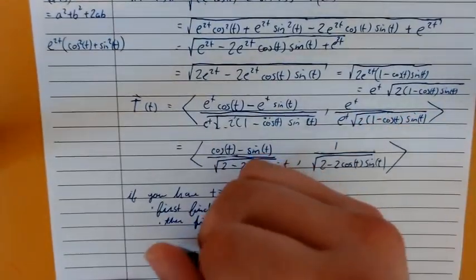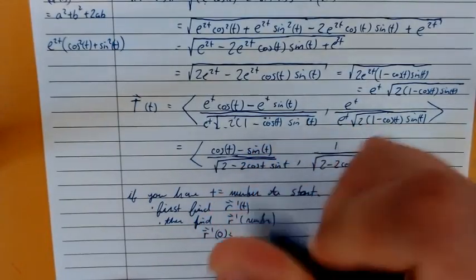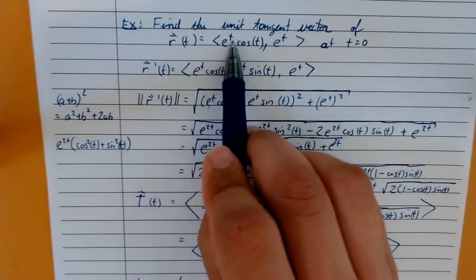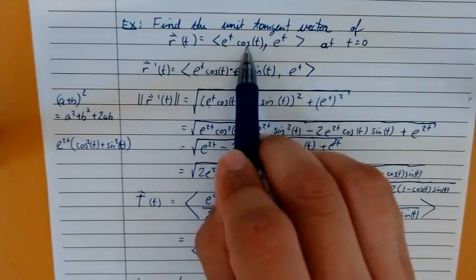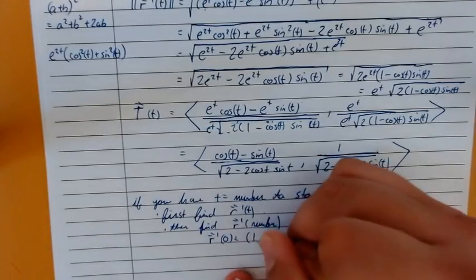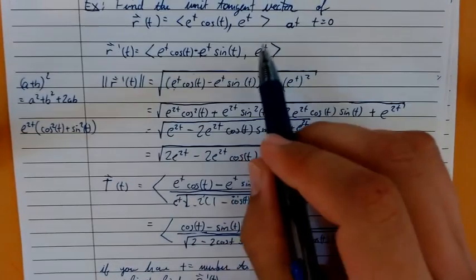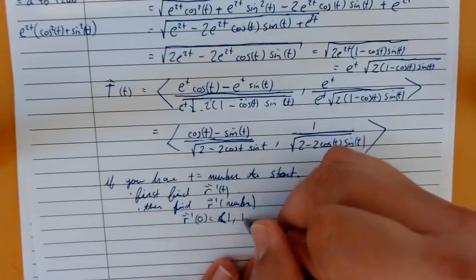Okay, so let's see what that is. R prime at 0 would be, that's e to the 0, which is 1, times the cosine of 1, which is also 1. Oh, that should be a vector. There we go. And then e to the 0, that's also 1.